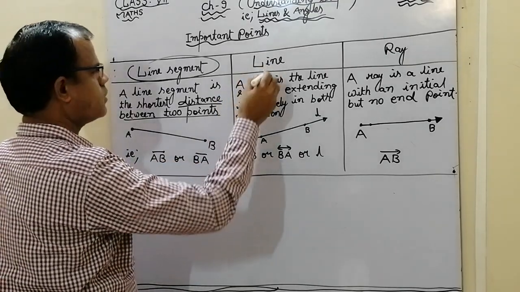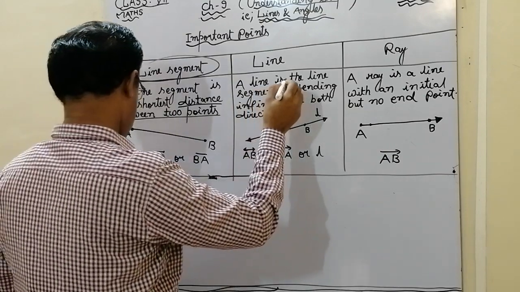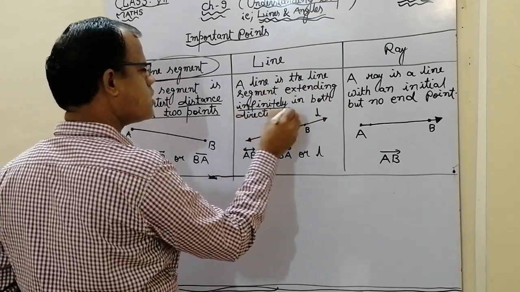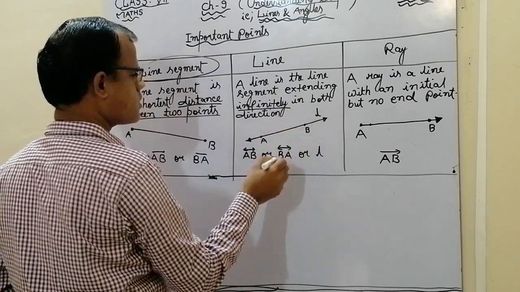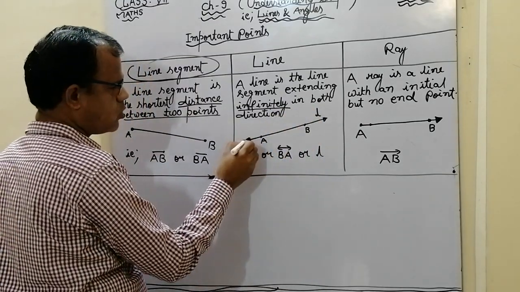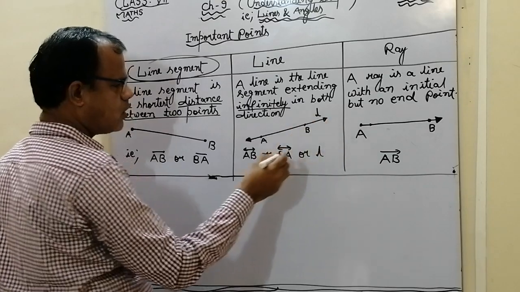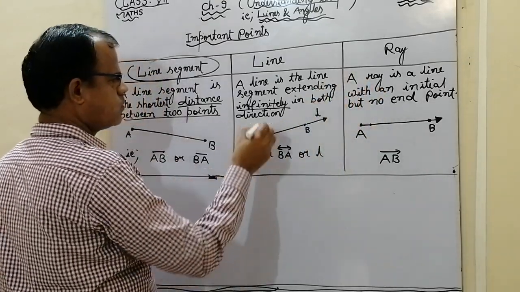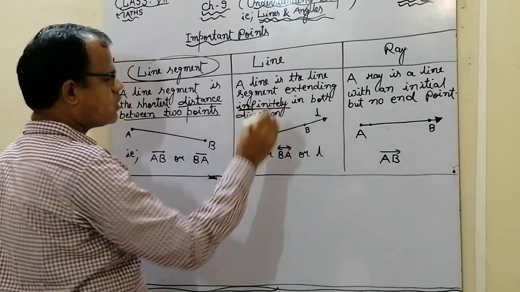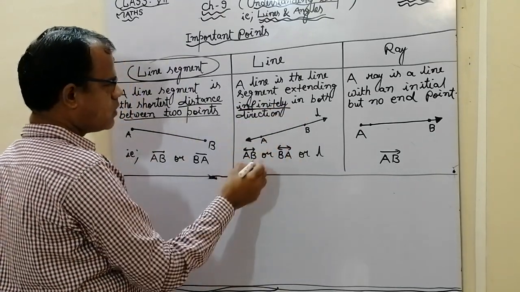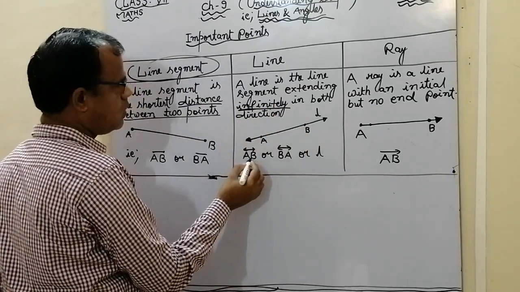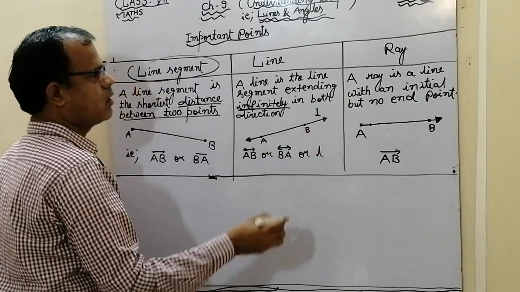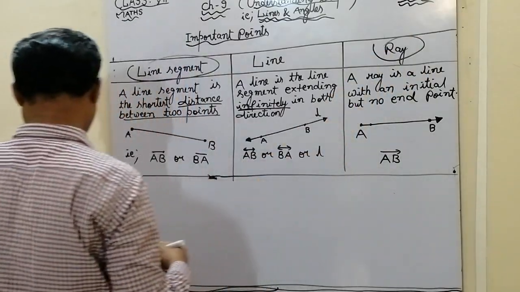Next, line. A line is the line segment extending infinitely in both directions. Here you see in both directions arrows are there, so it means that we can extend both sides infinitely. So we can represent this as line AB or line BA or line L. And next, ray.